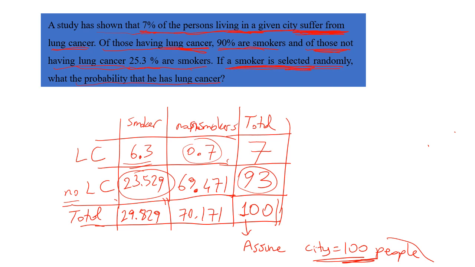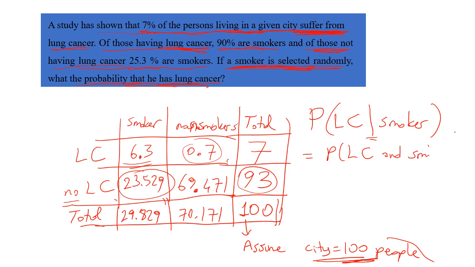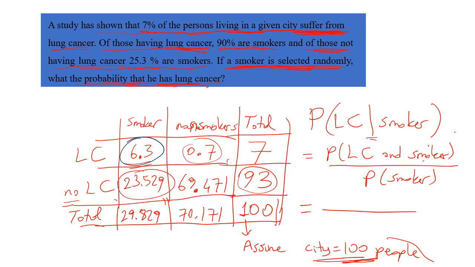A smoker is selected randomly; what is the probability that he has lung cancer? We know that this person is a smoker, so we want the probability of lung cancer given smoker. This is the probability of LC and smoker divided by the probability of smoker. LC and smoker is 6.3 over 100, because we're talking about probability.